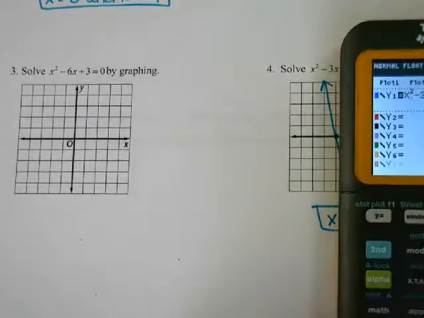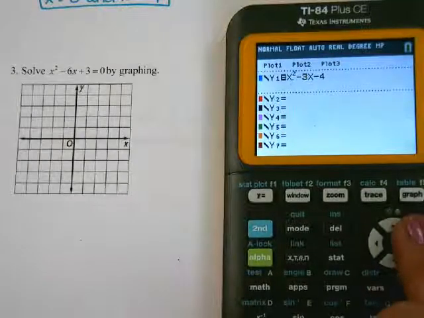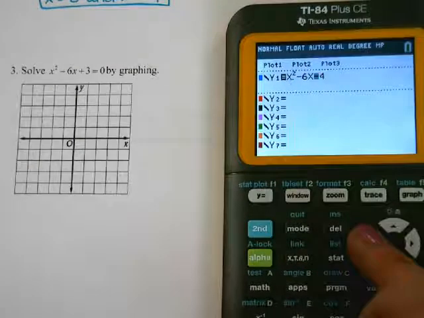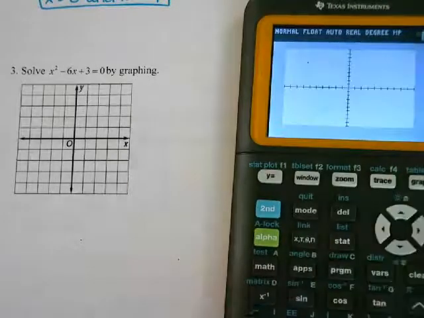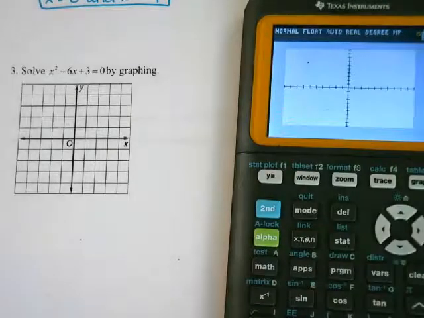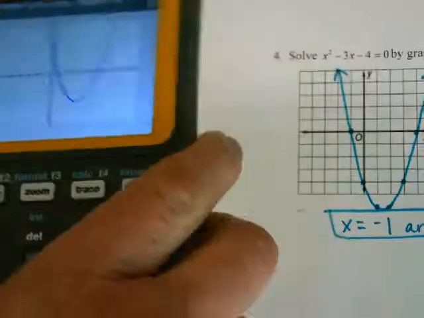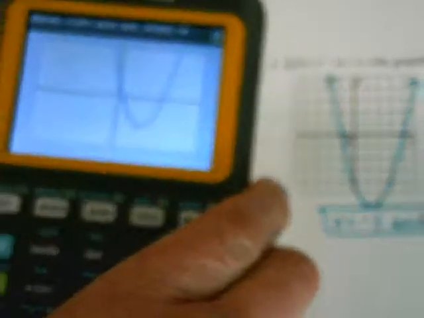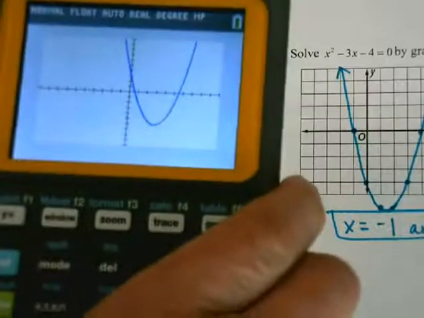I'm going to put that in my calculator: x squared minus 6x plus 3. Then I'm going to hit graph so I can see what he looks like. My x squared is positive, so he'll open up. But if you look at him, see how he doesn't cross at nice, pretty numbers?